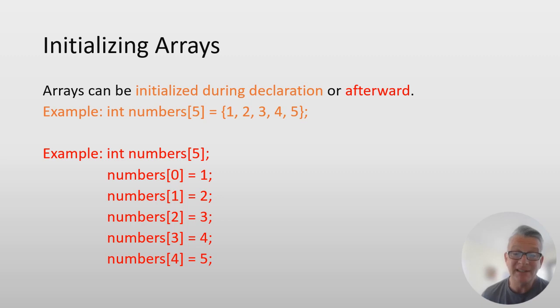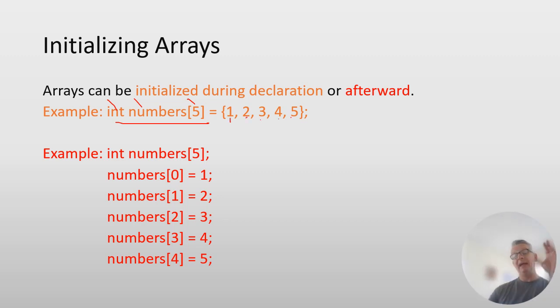Okay, arrays can be initialized during declaration or afterwards. The most important thing is we need to give them a size. If we don't give them a size, then we can't have an array. But if you wanted to give them values, you can say data type, name, it's an array of size 5, and it's going to have these values in each index: 1, 2, 3, 4, 5.